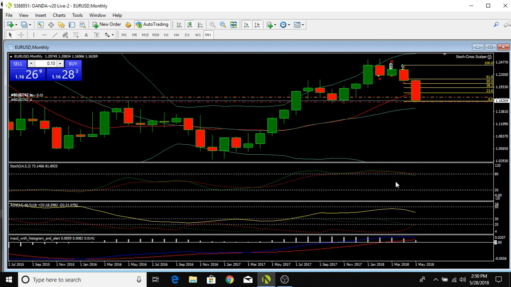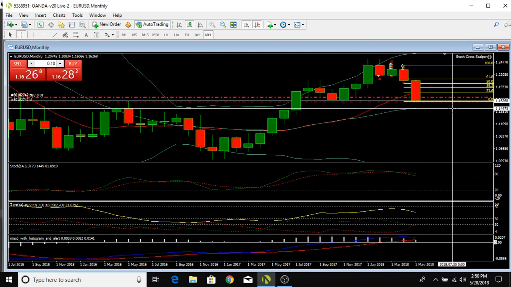Also, you can see on the stochastics on the monthly, it's just starting to come down. So I think that on a longer term, Euro US dollar is going to get down into the 1.144 range.